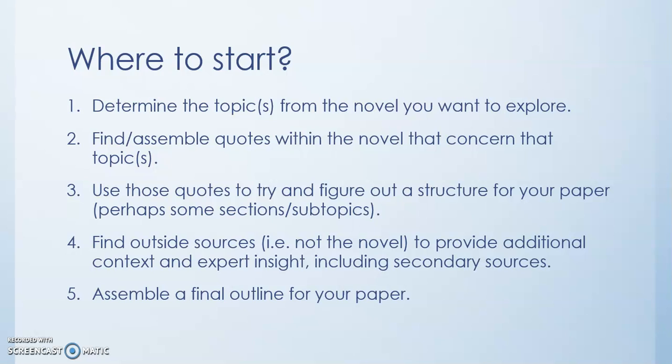Once you do that, you want to hone down your quotes. So you either want to find additional quotes, assemble the ones you've already taken from previous discussion boards that we've done this semester. So find and assemble your quotes from the novel that concern your topic. I would say start from there and see how those can begin to take a shape for your paper.